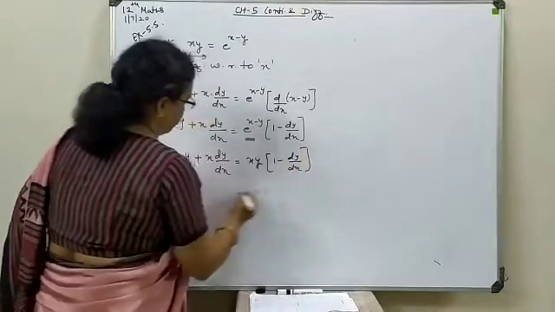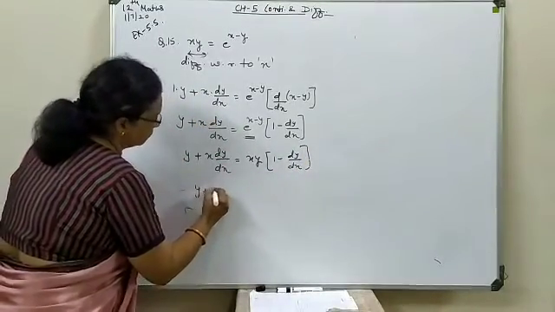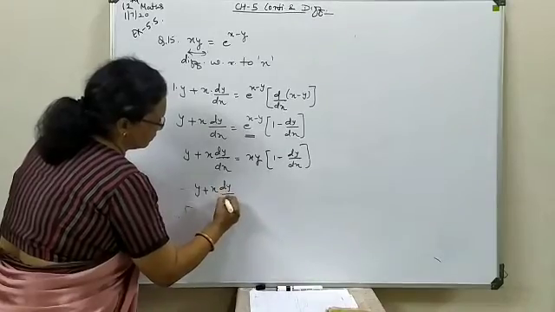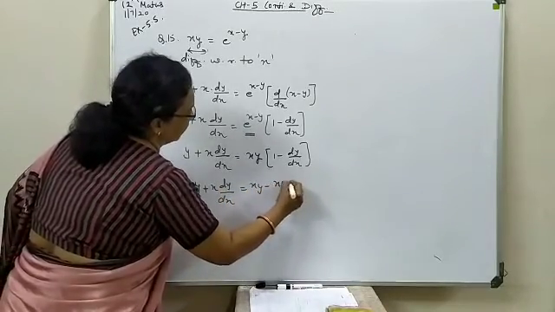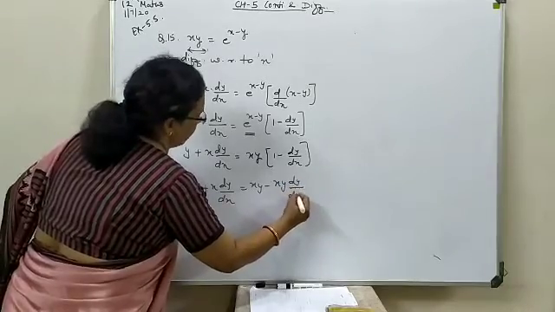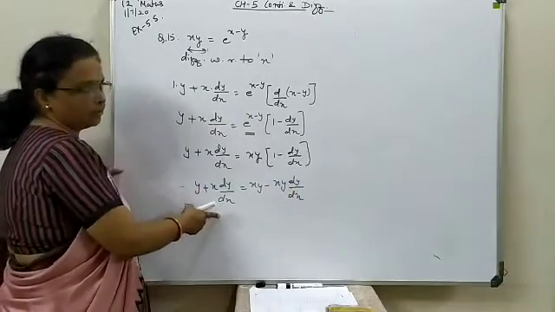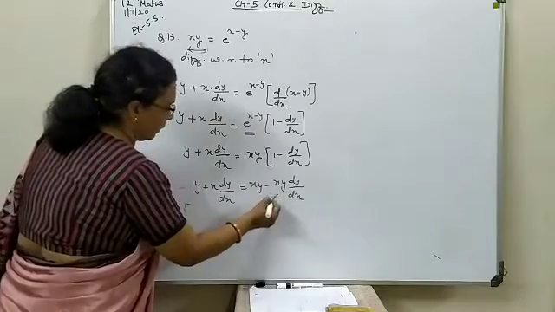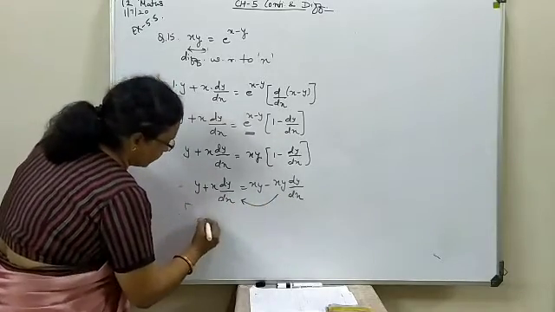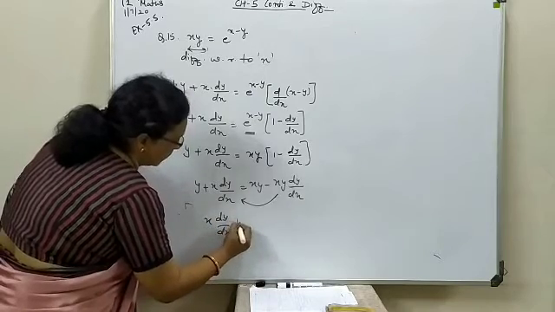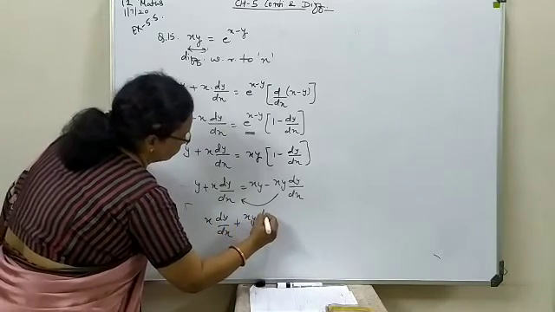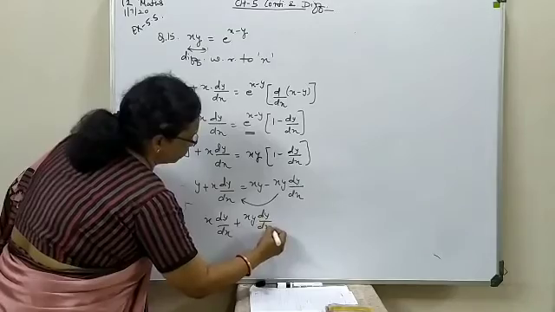Make your terms separate: xy minus xy dy by dx. Shift the dy by dx terms towards one side and the remaining on the other side.